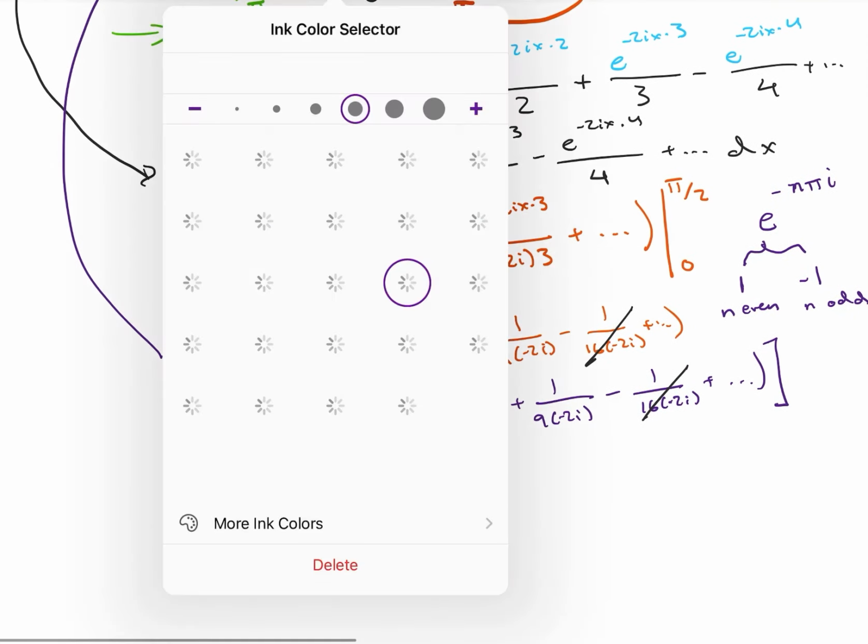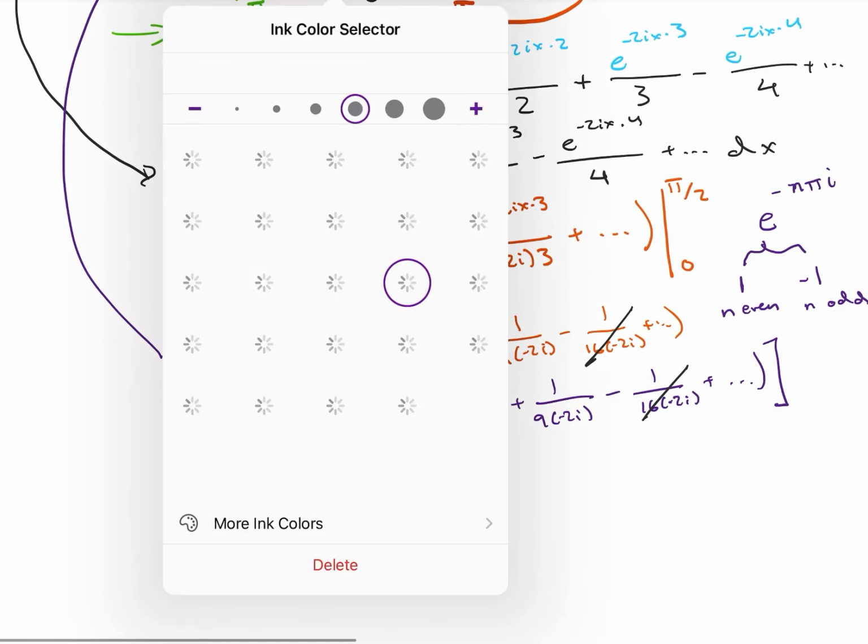And I'm going to be left with 1 plus 1 over 2 squared, plus 1 over 3 squared, plus 1 over 4 squared, and so on. Sorry. You'll notice we killed the even terms, so I'm going to actually have 1 over 3 squared plus 1 over 5 squared plus 1 over 7 squared. I apologize for that.